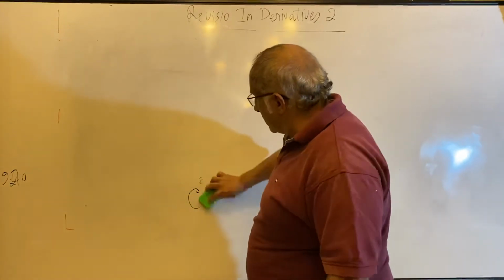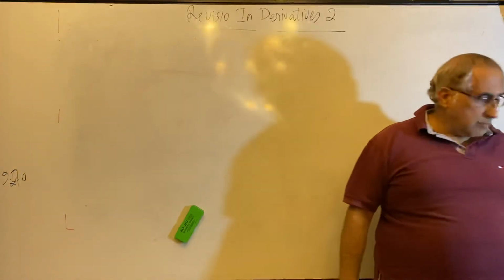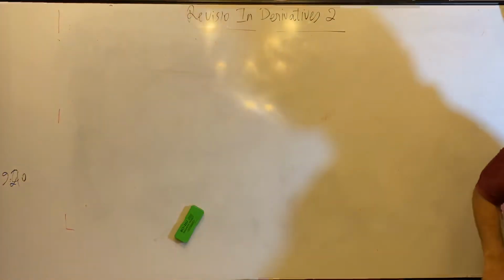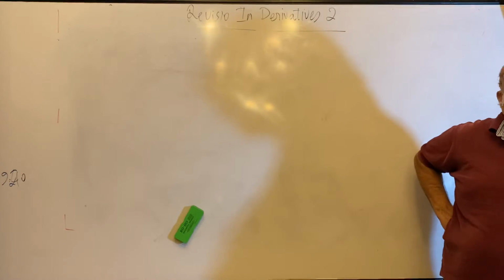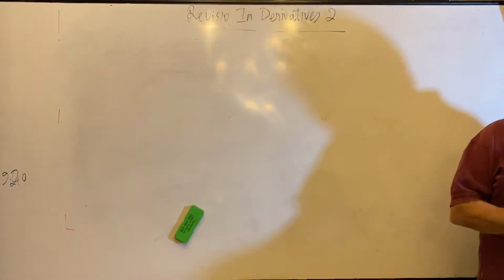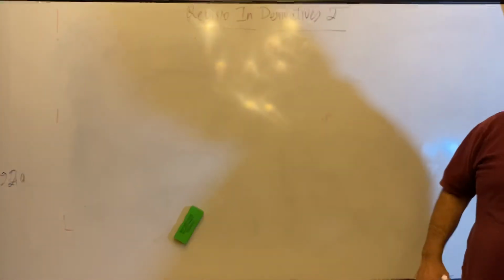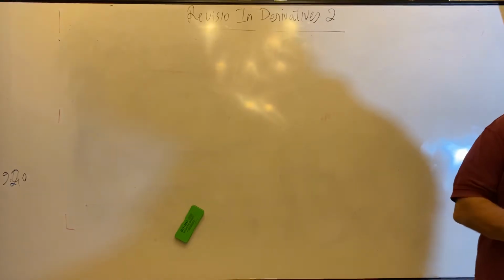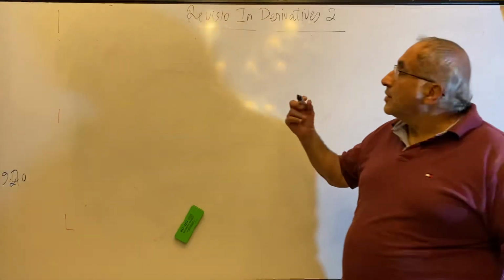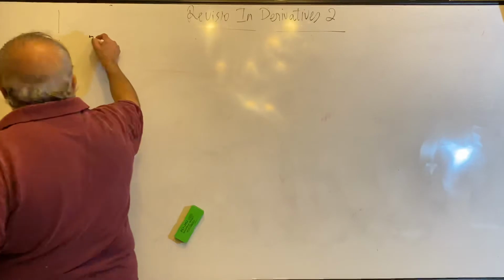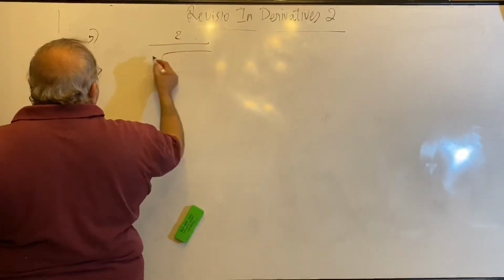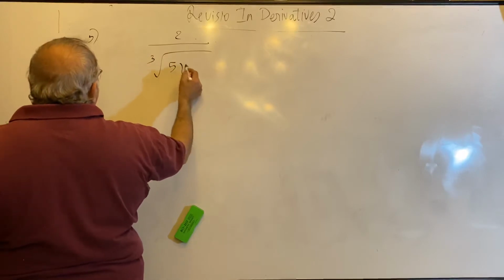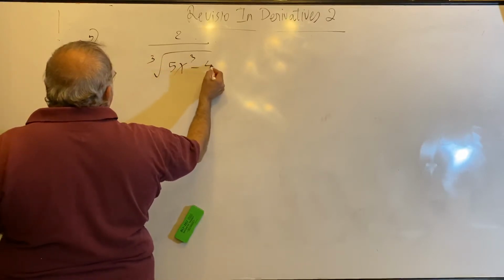So if you want to master your assignment or your quiz, it's called trial quiz, or the real quiz, you've got to be able to do all these methods. All right, gentlemen? Let's have a last question in this group. It's called 2 over the cubic root of 5x cubed minus 4.